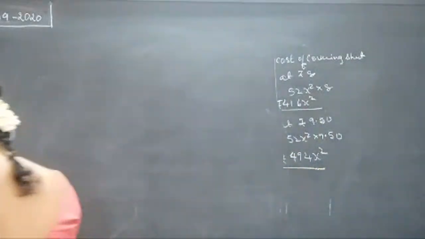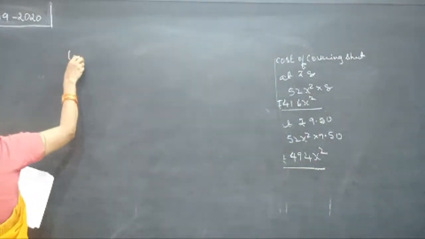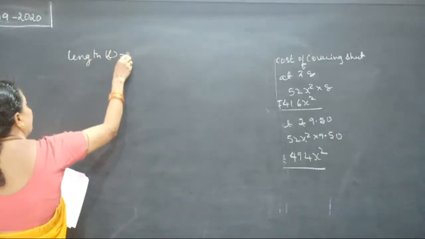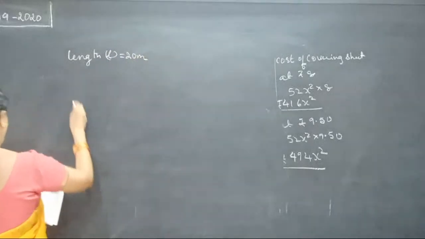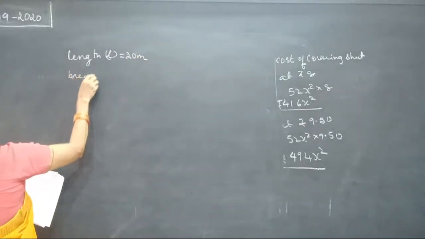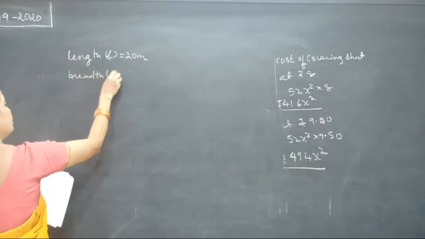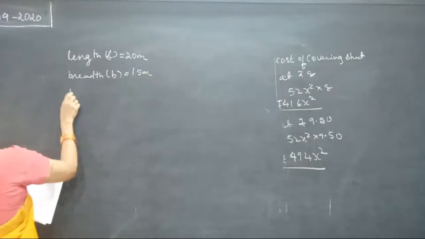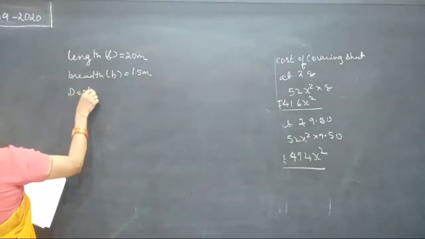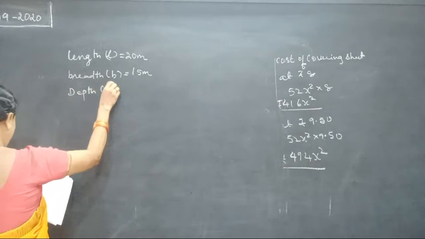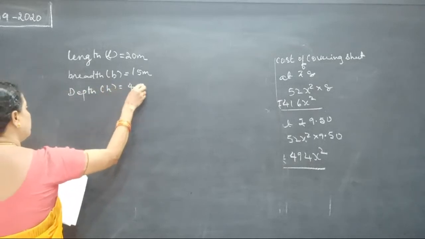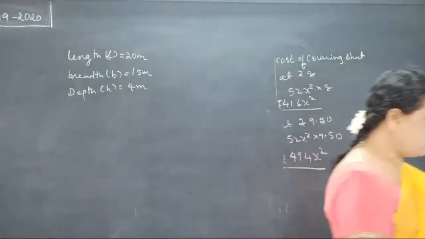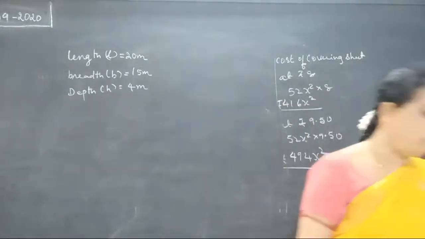So the dimensions of the swimming pool: length L equals 20 meter, breadth B equals 15 meter and depth h equals 4 meter. Find the cost of cementing its 4 walls and the floor.